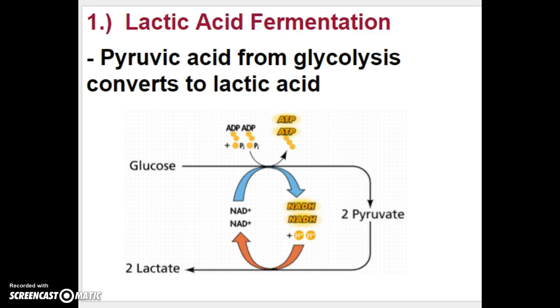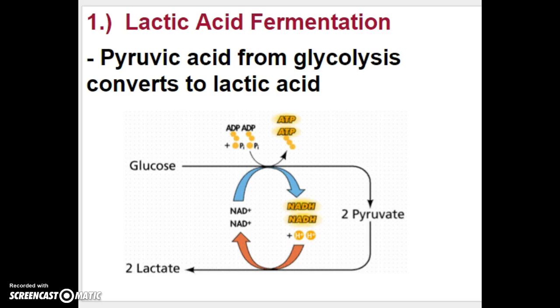One particular type of fermentation that you may be familiar with is lactic acid fermentation. Lactic acid is formed when pyruvic acid does not leave the glycolysis process. It actually converts into what's called lactic acid.